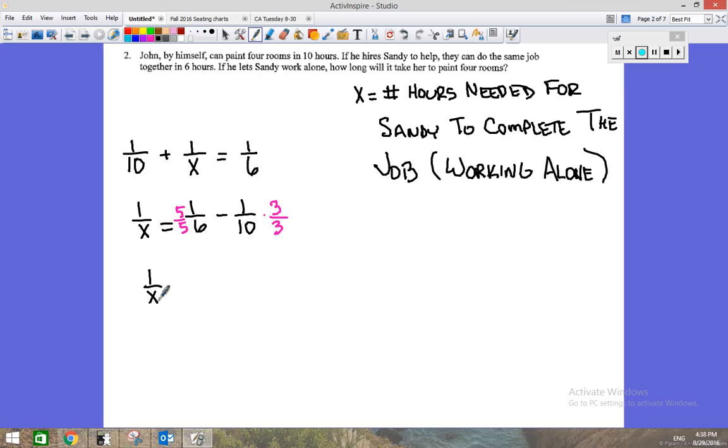So I have 1 over x in the numerator, 5 times 1 minus 1 times 3. That's just 5 minus 3, which is 2. That's 1 over 15. If we take the reciprocal of each side, this becomes x over 1. This becomes 15 over 1. We're in units of hours. So this is how long it would take Sandy to do the job alone.